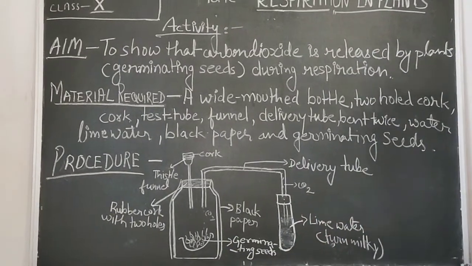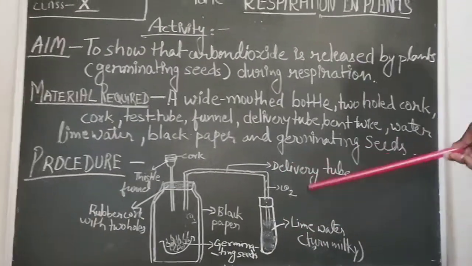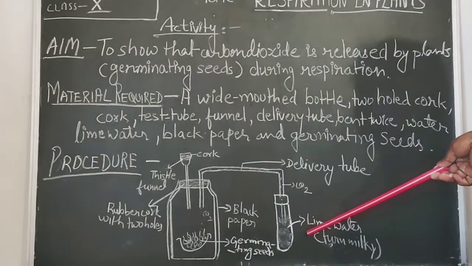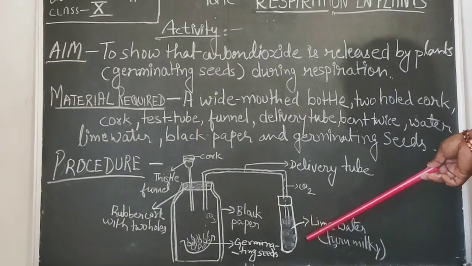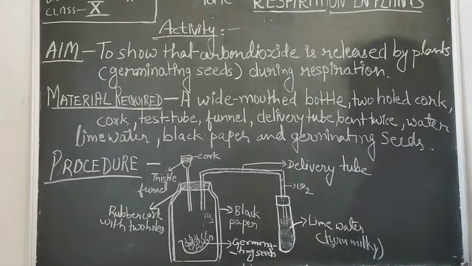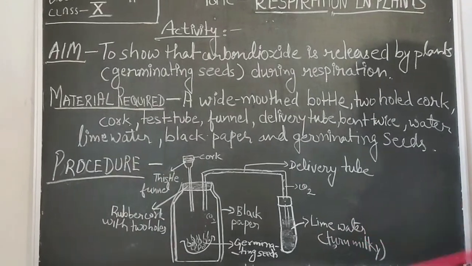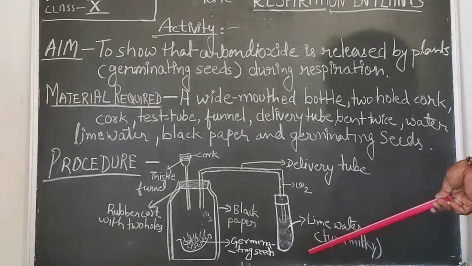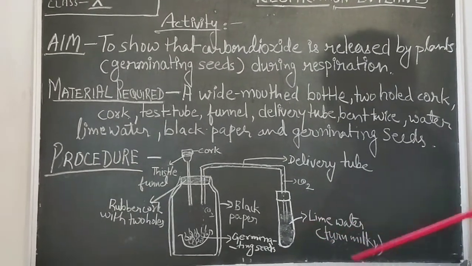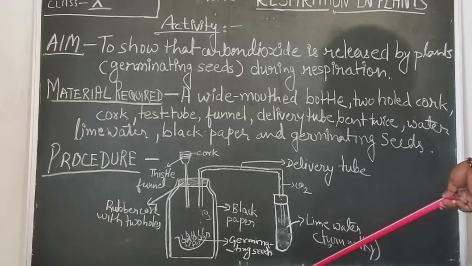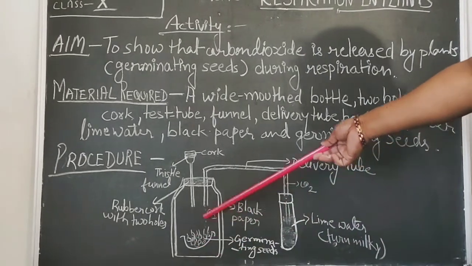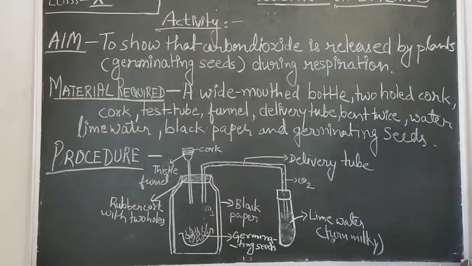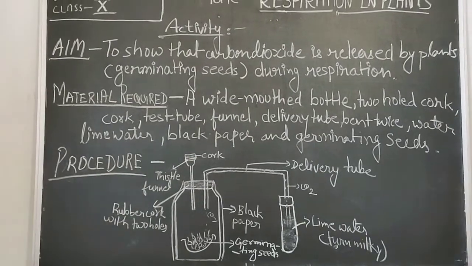How does it turn milky? Because of carbon dioxide coming into the test tube by the delivery tube. This is the property of lime water: when it reacts with carbon dioxide, it turns milky. So the turning of lime water milky confirms that carbon dioxide is released during the process of respiration.